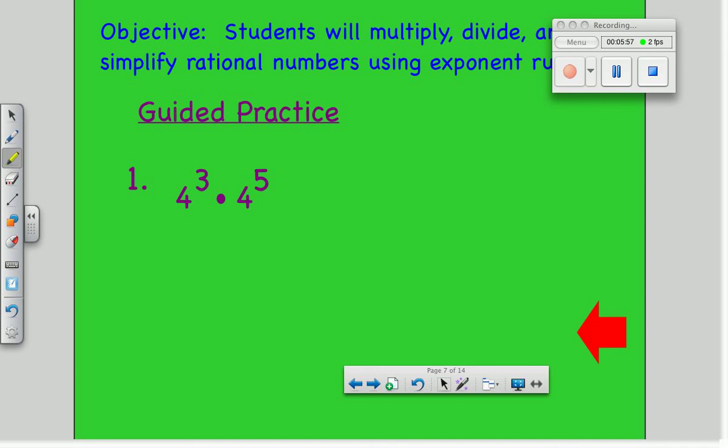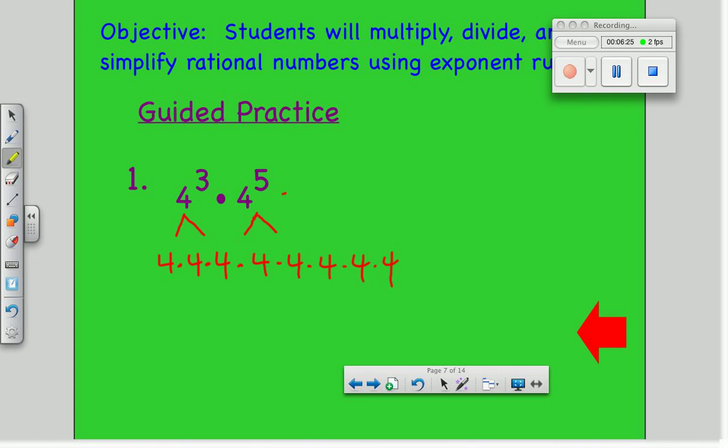So, I want you thinking this. You don't have to write it, but you have to think it. I'm going to write it. You should be thinking 4 times 4 times 4. For this one, you should be thinking 4 times 4 times 4 times 4 times 4. How many times am I multiplying the number 4, the base?